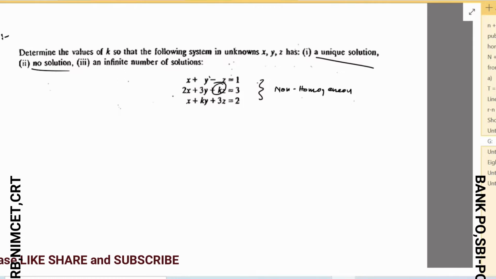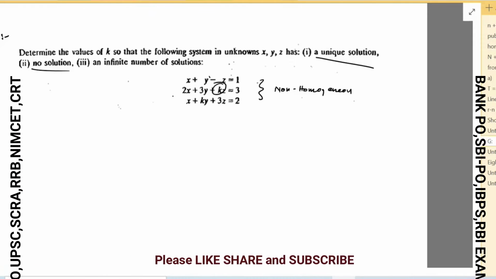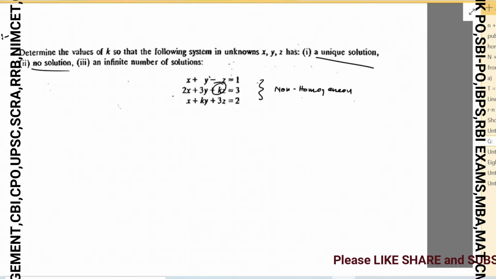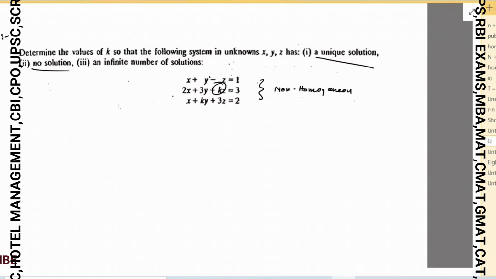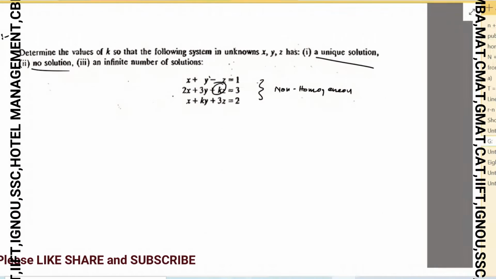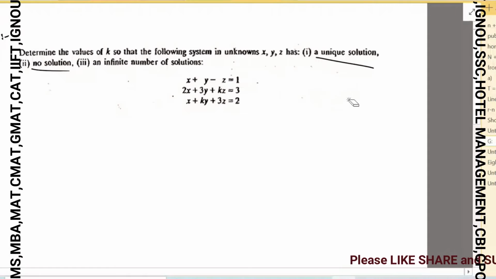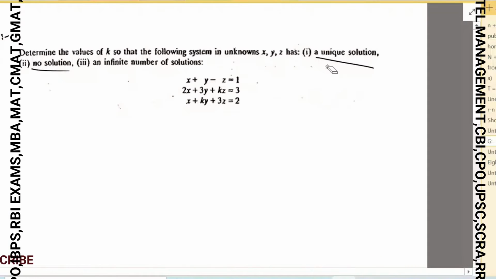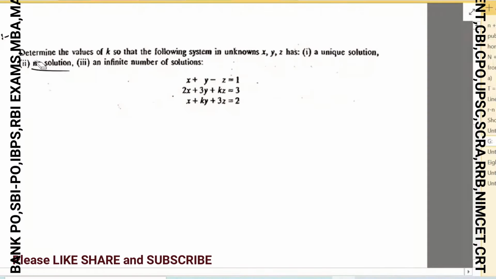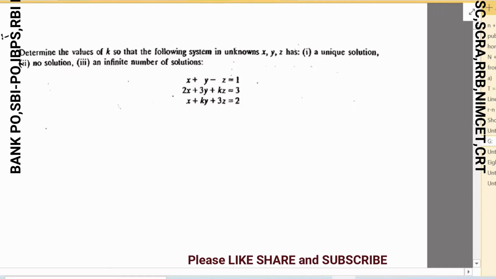The given system is a non-homogeneous system. To find the solution, we will first write down what we have to write down first. We have to write down the augmented matrix.